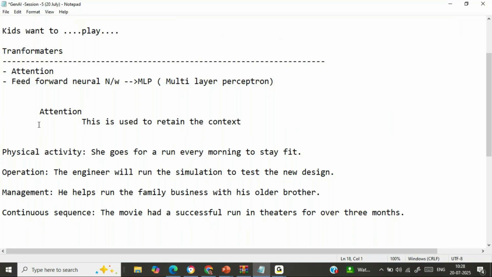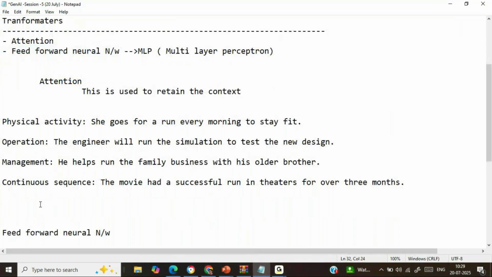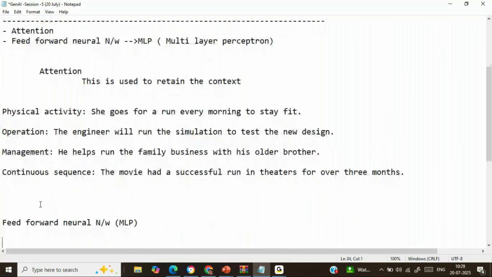So then the next component is the feed forward neural network, or MLP, multi-layer perceptron. Over here, it talks about the facts.